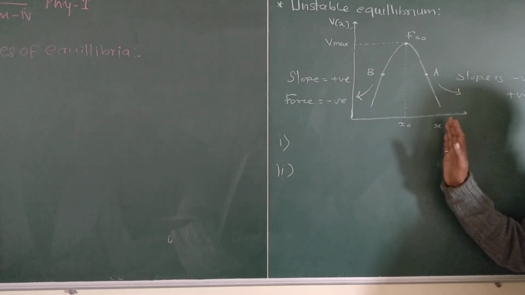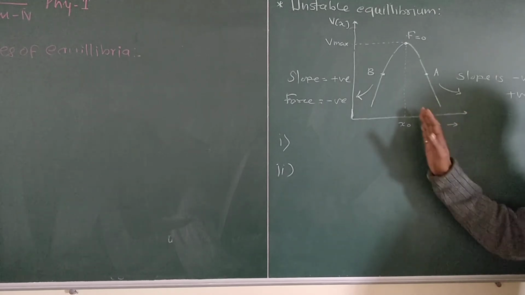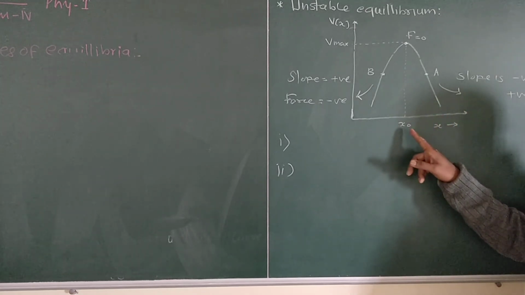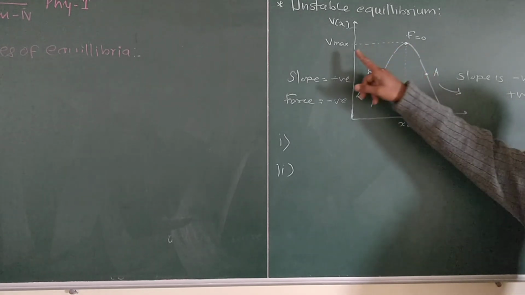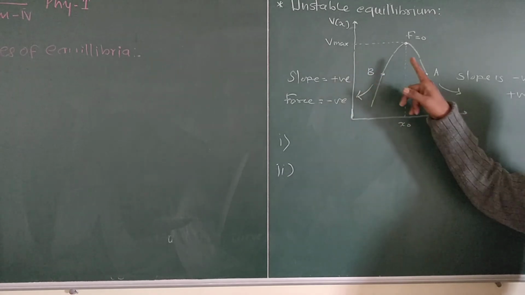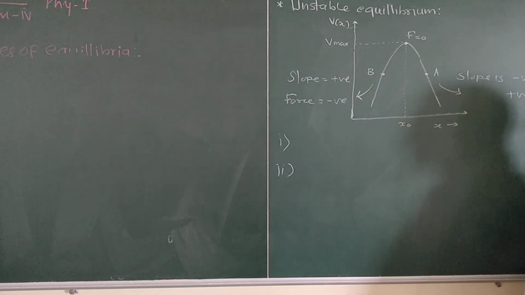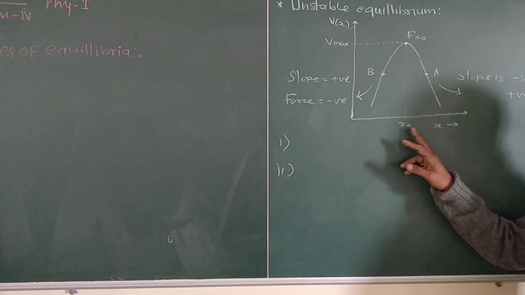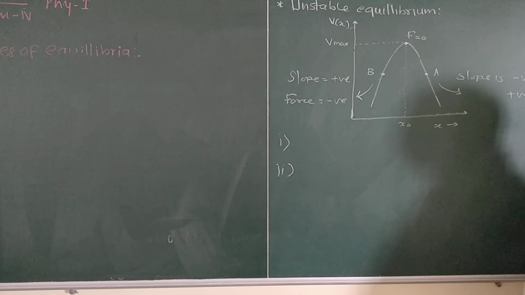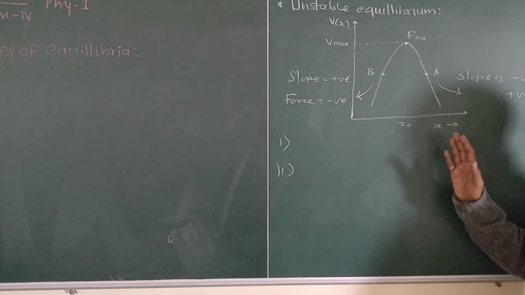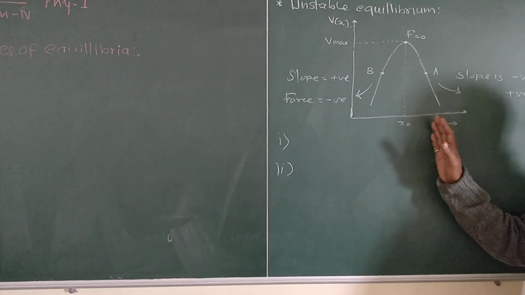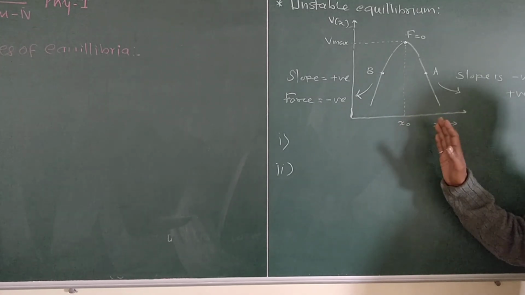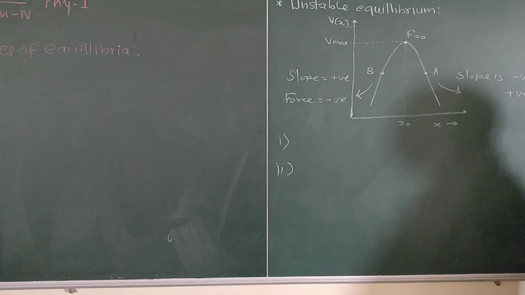Such equilibrium is the unstable equilibrium, and the point x naught where the force is 0 and the potential is maximum is called the unstable point or unstable position. In unstable equilibrium, the particle is always accelerated away from the equilibrium position.